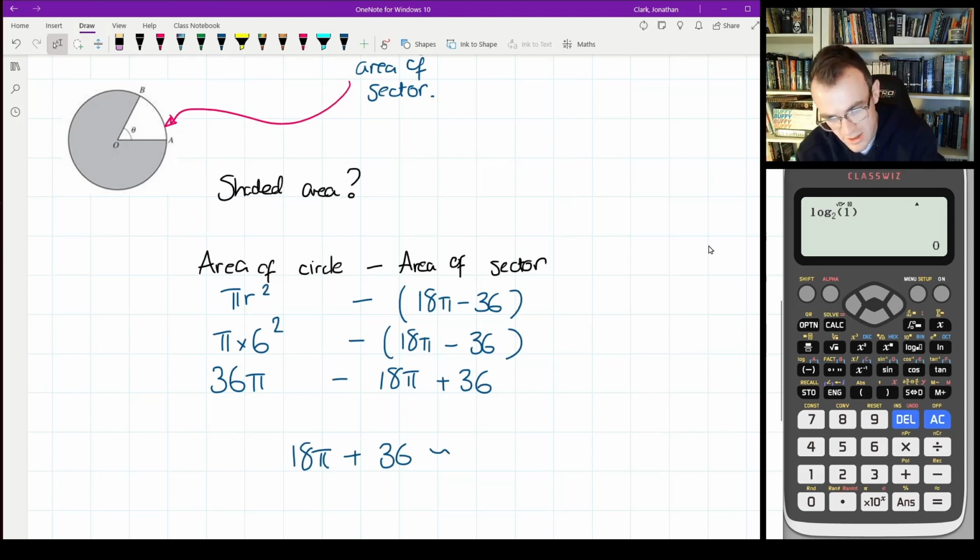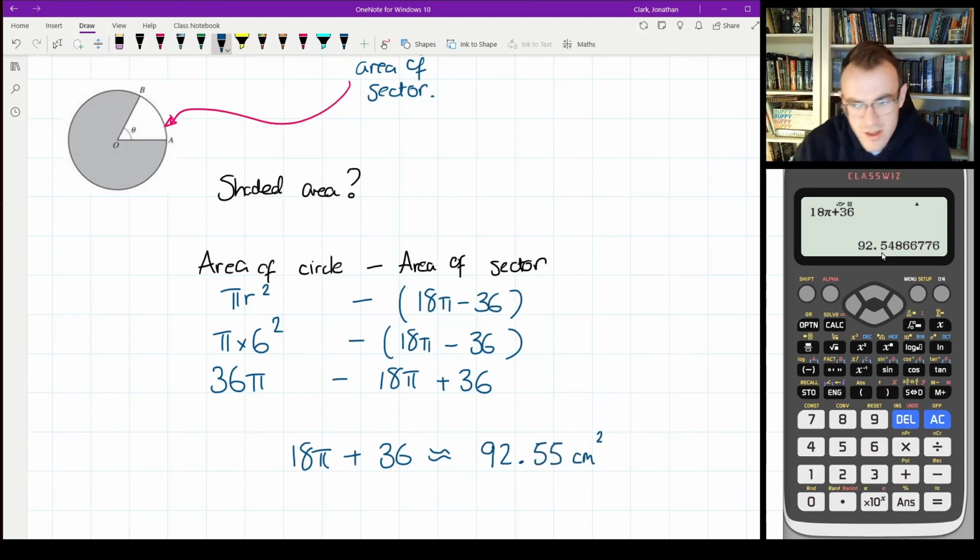Okay, so let's get an approximate answer there. 18 pi plus 36 is 92.55. Okay, so let's just do some numerical checks, just make sure that seems okay.